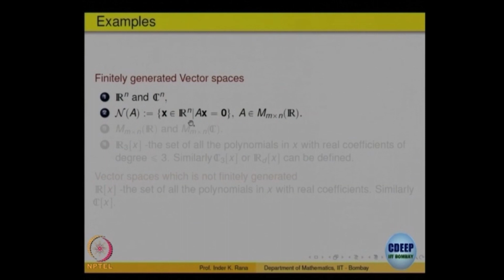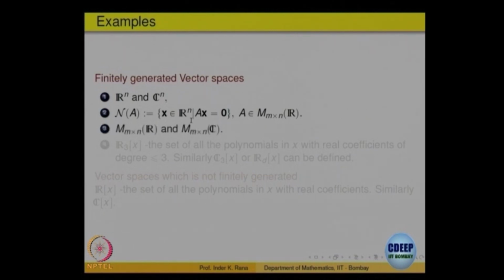Null space is actually a subspace of R n, so that is also finitely generated, and that became an important thing in solving systems of linear equations: how to find a basis for N of A. What is the dimension of N of A? We call that the nullity, and we find a basis for N of A, which is the solution space of a homogeneous system.